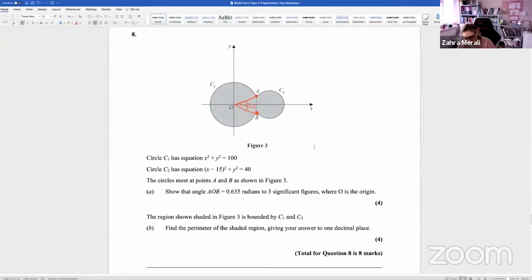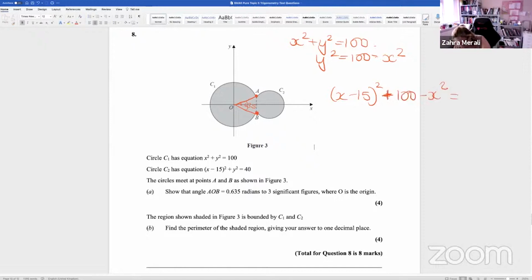So if I solve them simultaneously, I've got x squared plus y squared equals 100. And so that tells me, let me rearrange it, y squared equals 100 minus x squared. And I'm going to substitute that into the second circle. And that's going to give me x minus 15 squared plus 100 minus x squared equals 40.